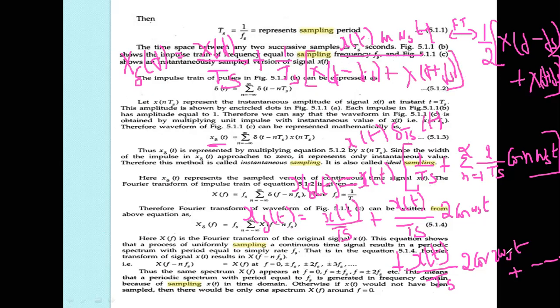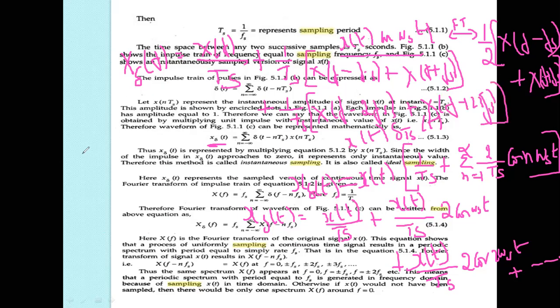For the second one, 2 omega s is there. So for the next value, 1 by Ts, X of f minus 2fs plus X of f plus 2fs, and so on.